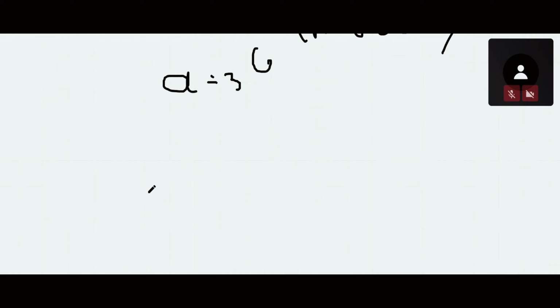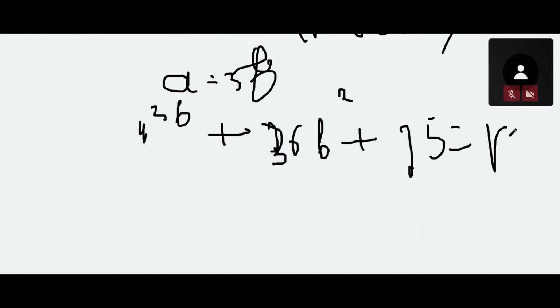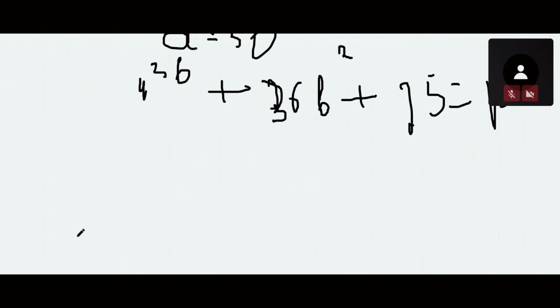What does it make? It is 4 to the power of 3b, sorry, not m, like it was b, 3b, plus 36b squared, plus 25 is equal to p cubed. Okay, the next step we will need to prove is whether this part is bigger or smaller than this.